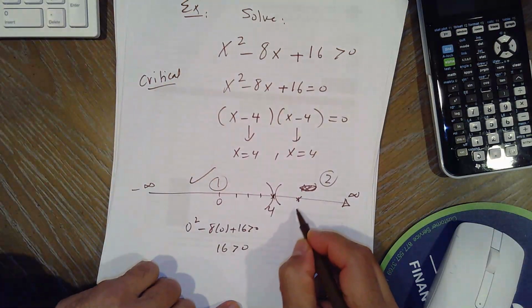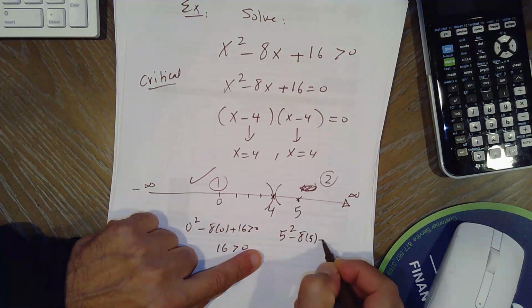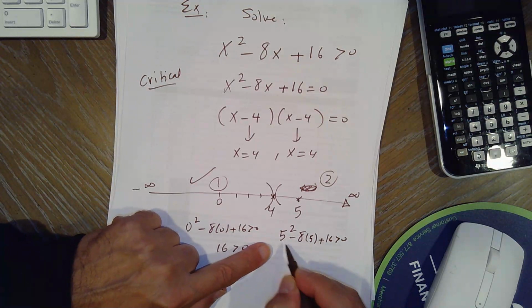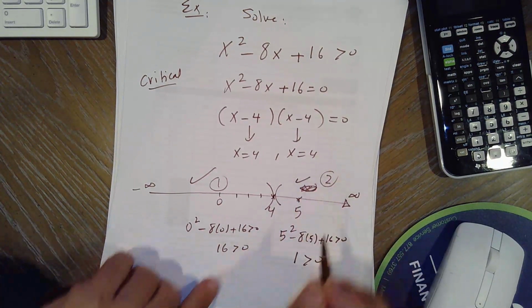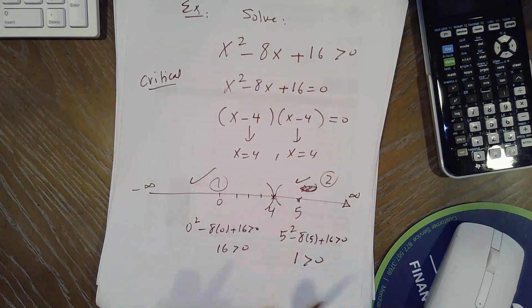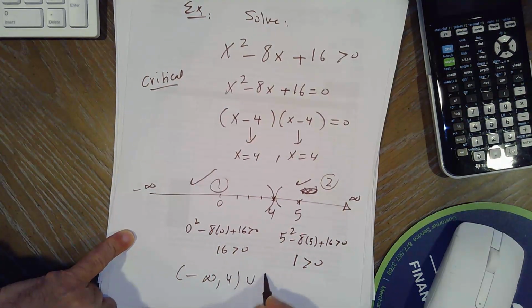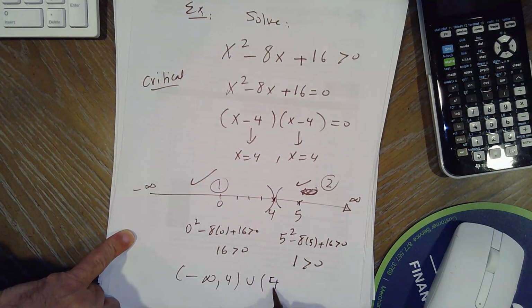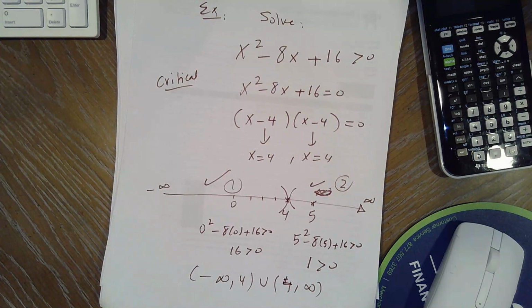If you pick 5, which is greater than 4, 5 squared minus 8 times 5 plus 16 is 25, 41 minus 40 is 1, which is also true. So my solution interval is negative infinity to 4 union 4 to infinity, all real numbers except 4.